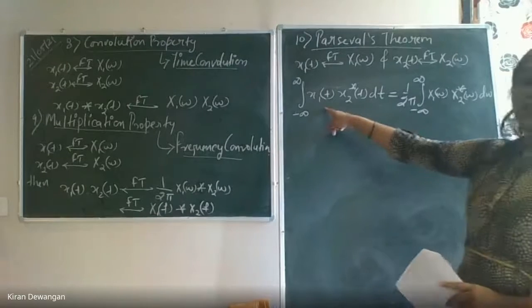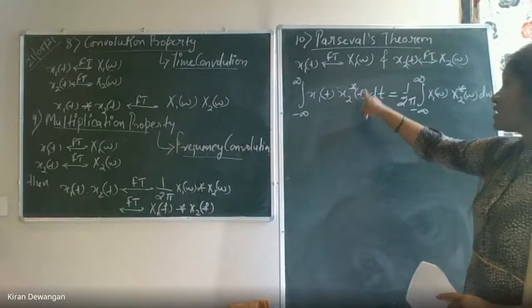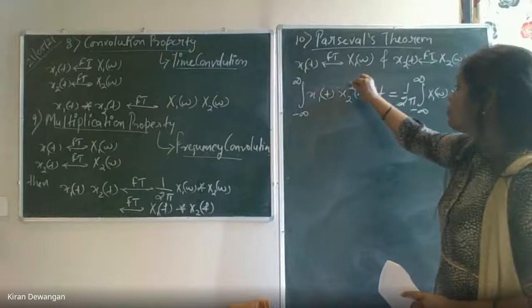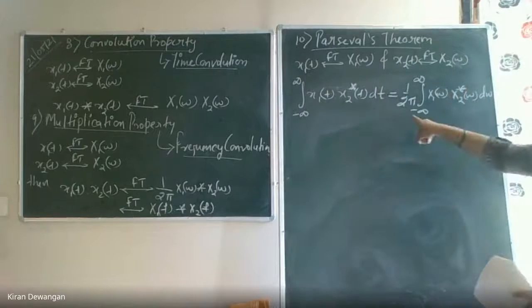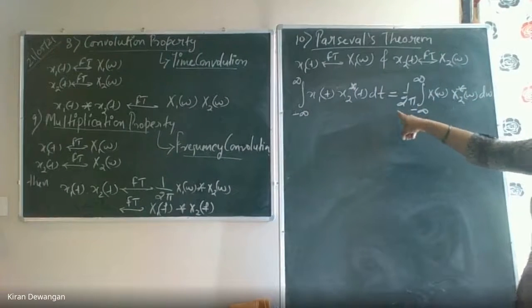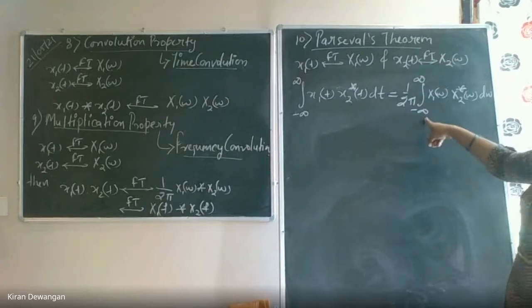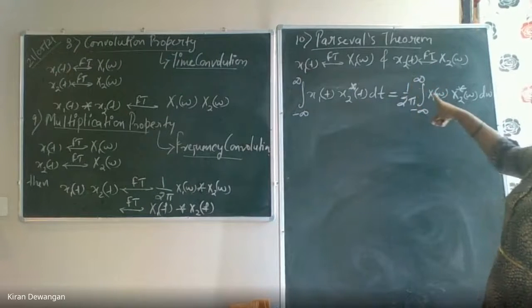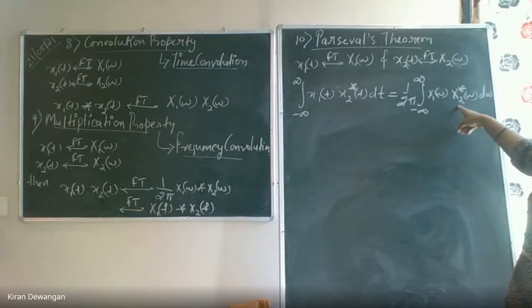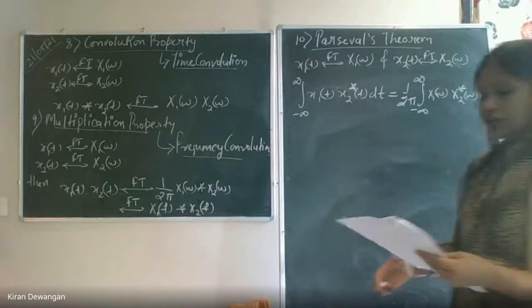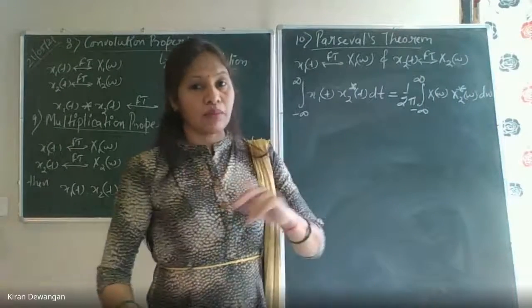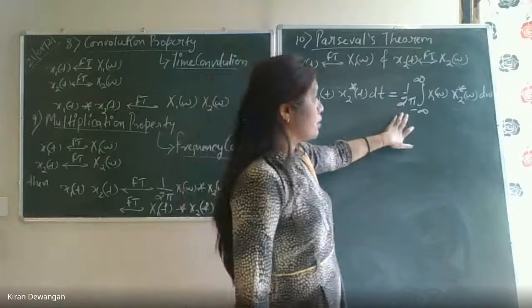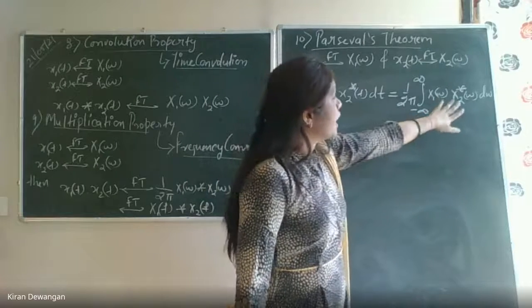So if I am taking x1(t) into x2 conjugate, this is the x2 conjugate value. Okay? And in that case it will be equal to 1 by 2 pi integration from minus infinity to infinity of X1(omega) into X2 conjugate (omega) d omega. Both sides will be the same, the multiplication. This side it will be 1 by 2 pi as we all know, and that will be conjugate.